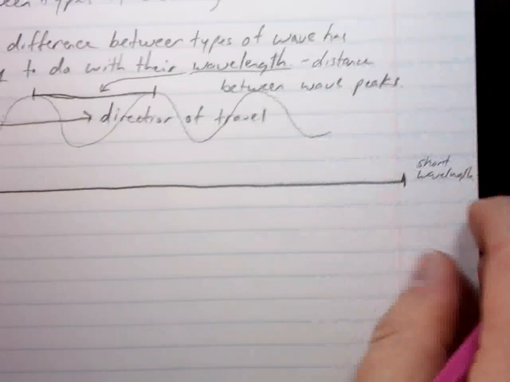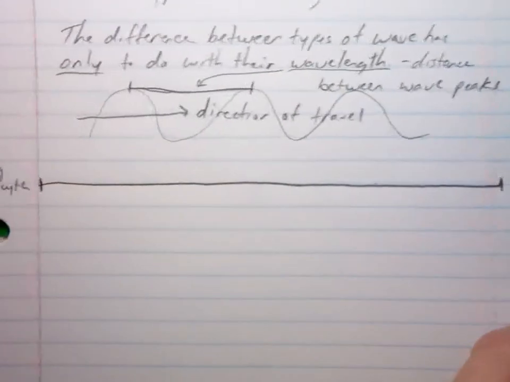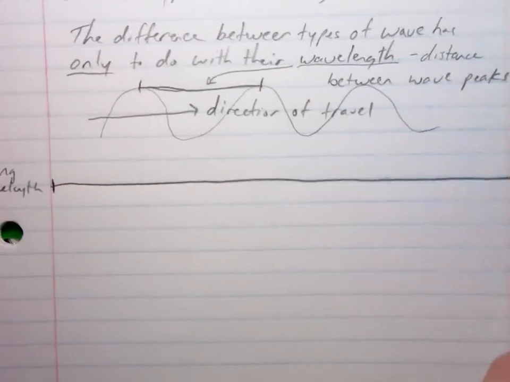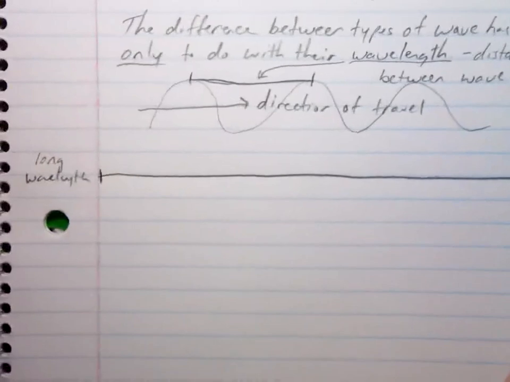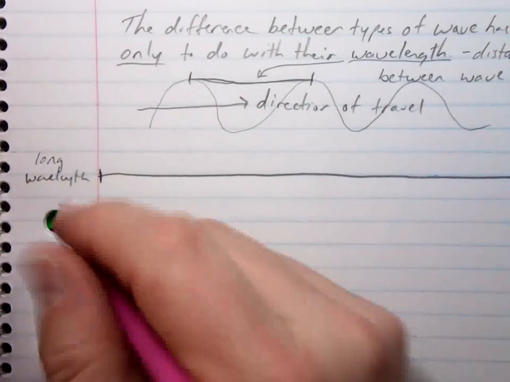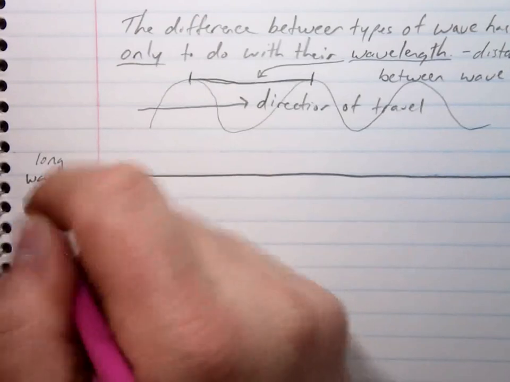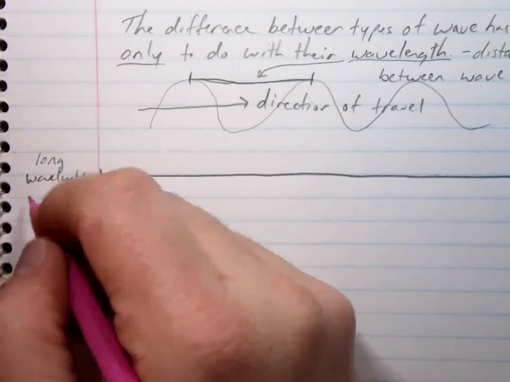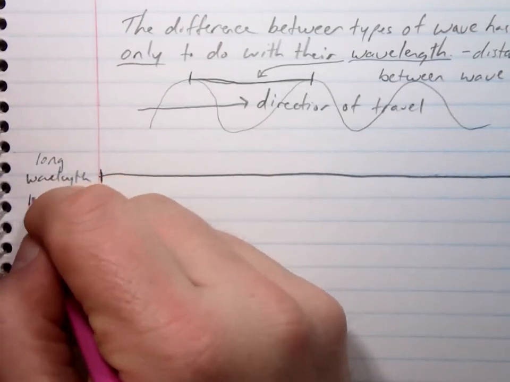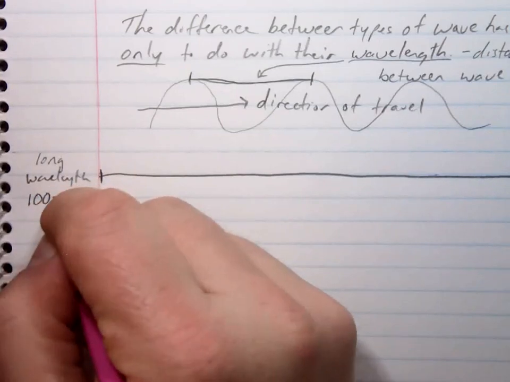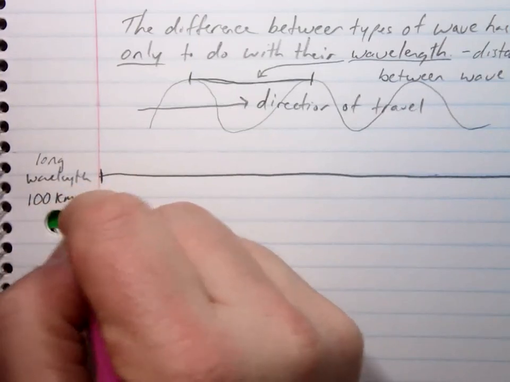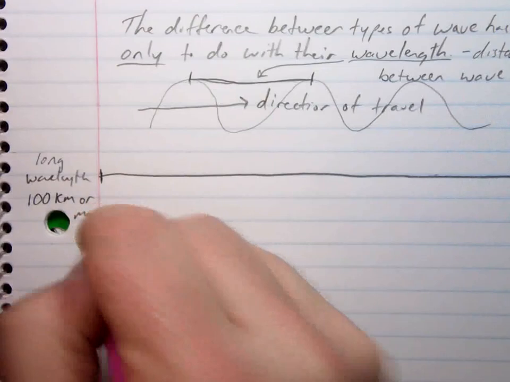And I can't emphasize how long is and how short is enough. So if we go to the far end of this side, then the long ones can be 100 kilometers or more for a radio wave.